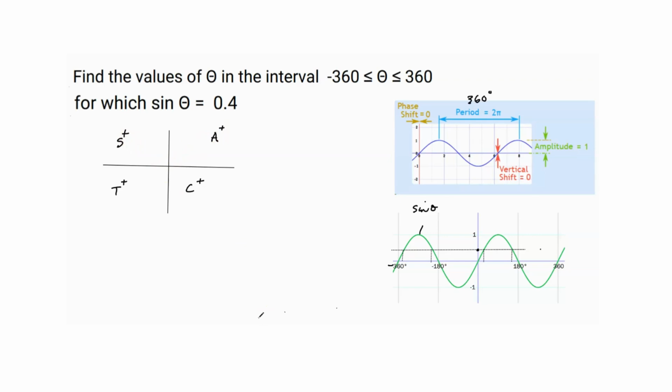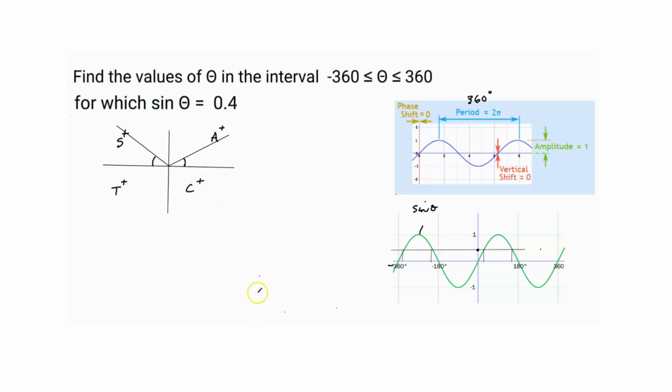Now what we do, we draw an acute angle from the origin in the first quadrant, and also we do the same in the second quadrant, and they have to be the same size. So here is another acute angle, and we mark them. So this angle and this one are equal.